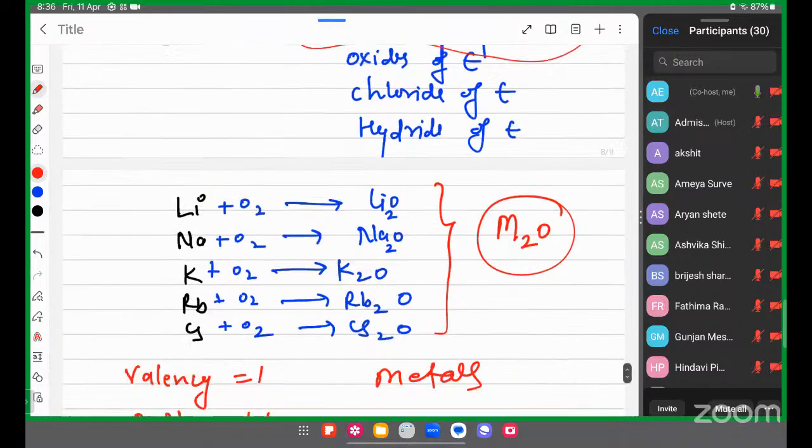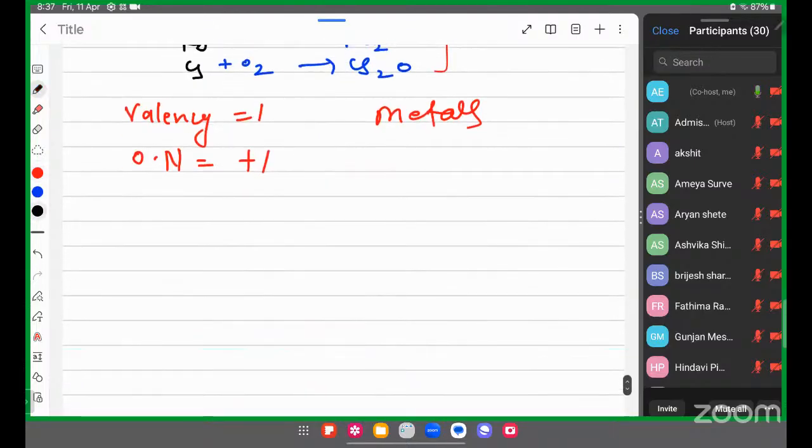And there were other reasons also for the success of Mendeleev's periodic table, that is, it helps us to discover new elements. And how does it happen? During the formation of Mendeleev's periodic table, Mendeleev left some gaps in the periodic table. And he concluded that the element which will come at that particular position will have the following properties.